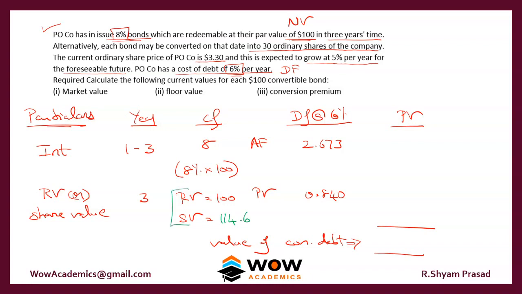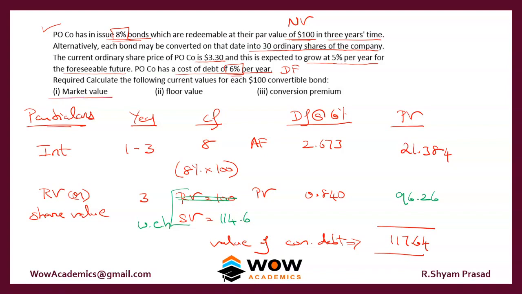Out of these, the higher is 114.6. So we'll take that as a basis and get the answer. The total value comes to 117.64. That is the value of convertible debt.